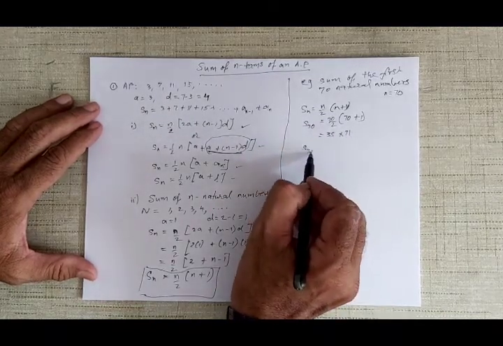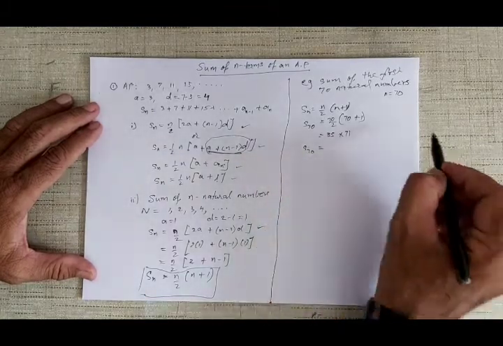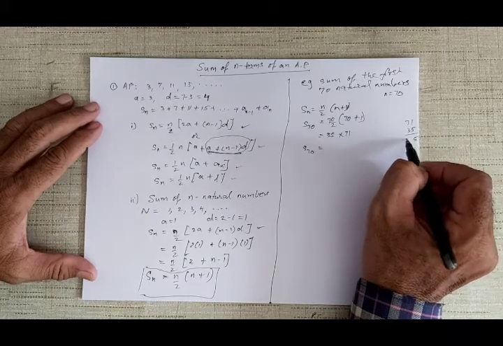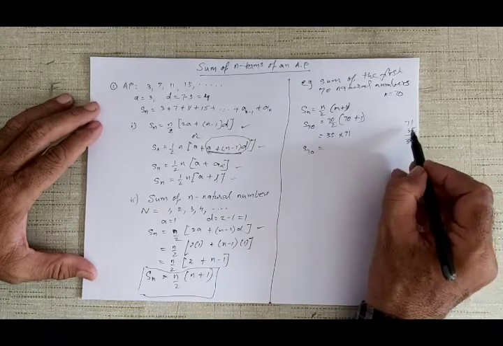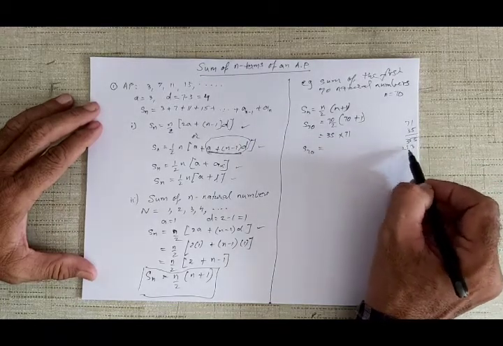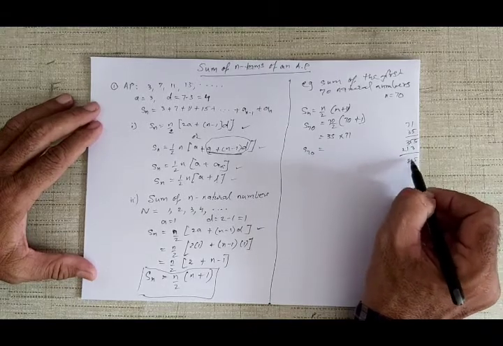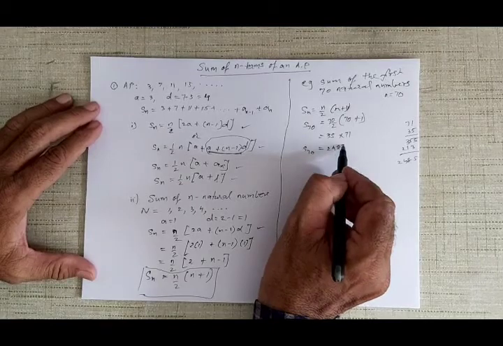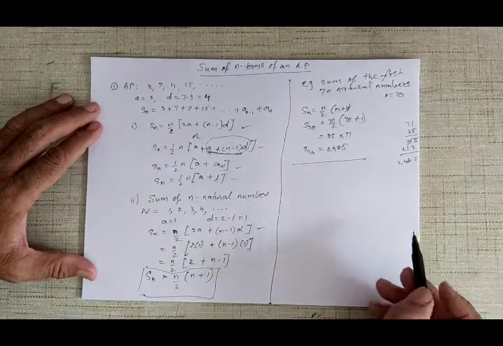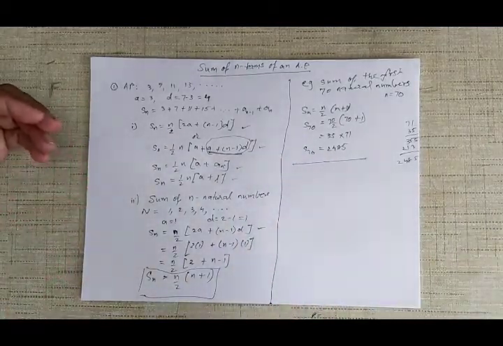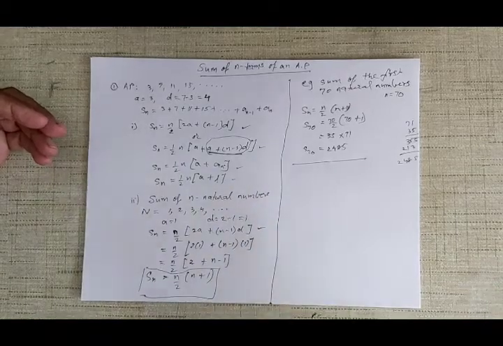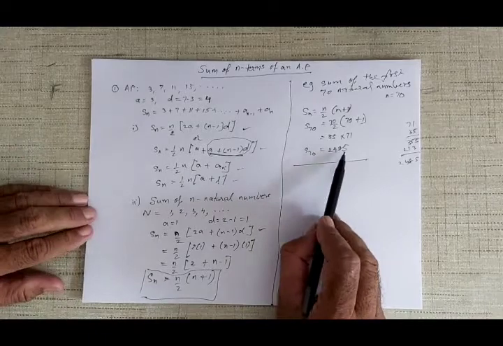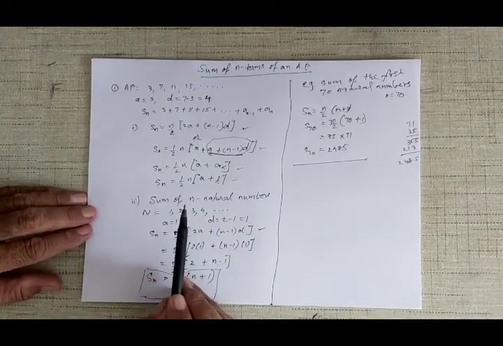So S of 70 is equal to, now 71 into 35. 3 ones are 3 and 3 sevens are 21, 5, 8, 4, 2. 2485. The sum of 1 plus 2 plus 3 plus 4 up to 70, the sum of the first 70 natural numbers, will be 2485.